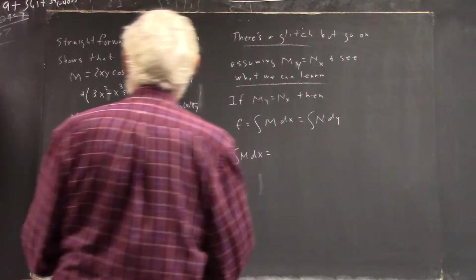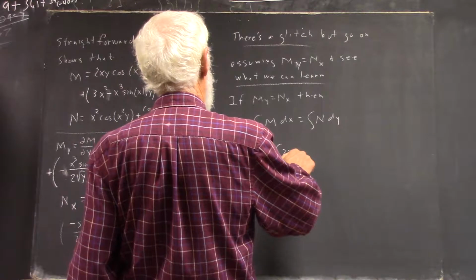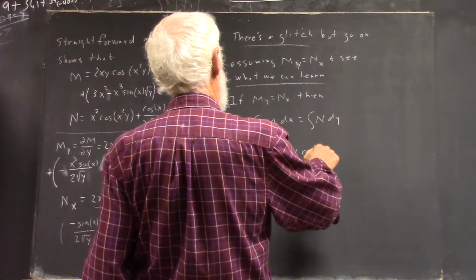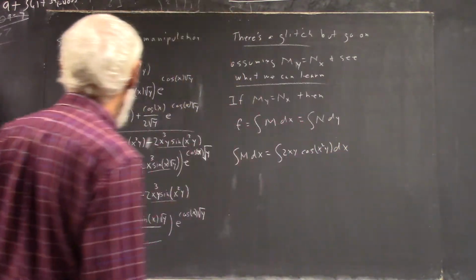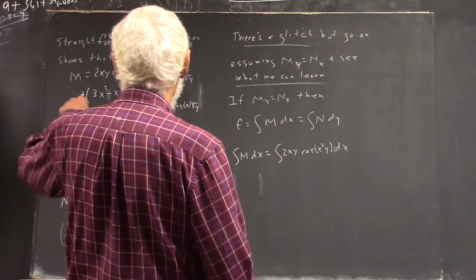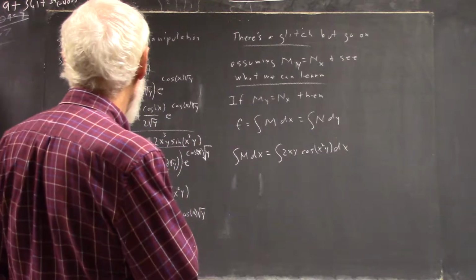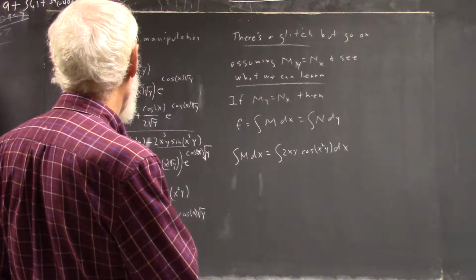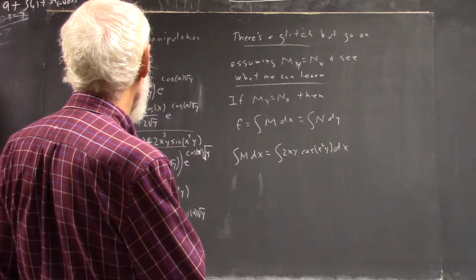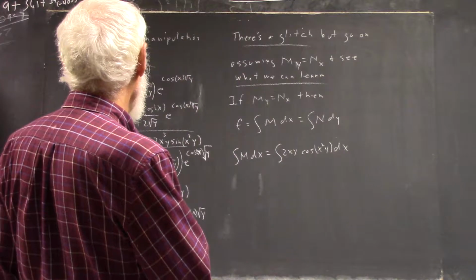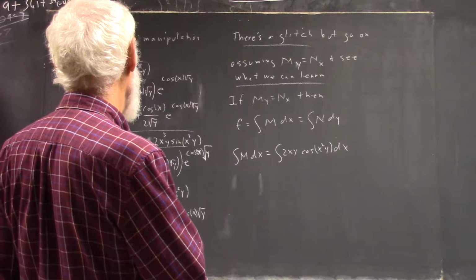The integral of m with respect to x is the integral of 2xy cosine of x squared y dx. I'm just going to do these as separate integrals, okay? And I'm going to actually expand this into two integrals. Maybe I'm not. Let's see. Is there something I can do to shortcut that?